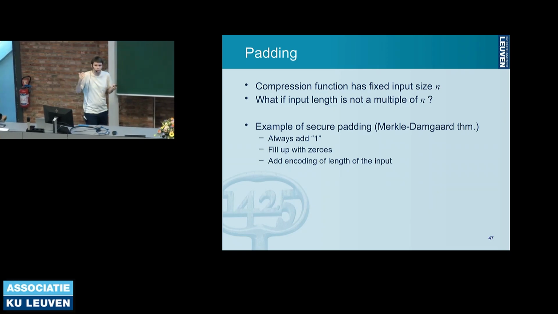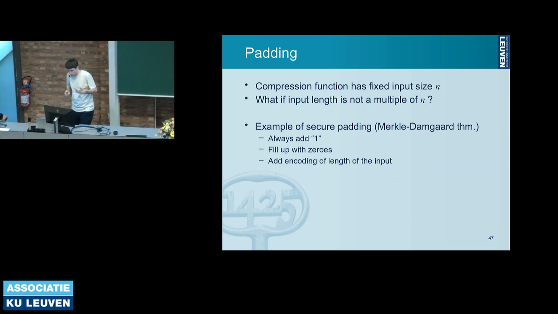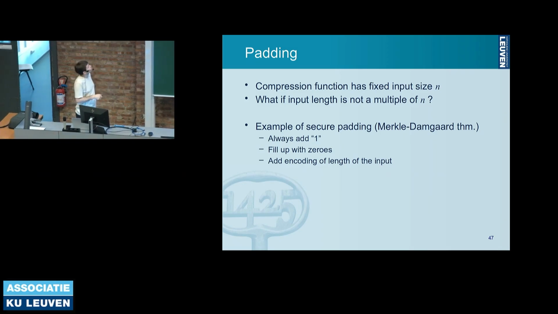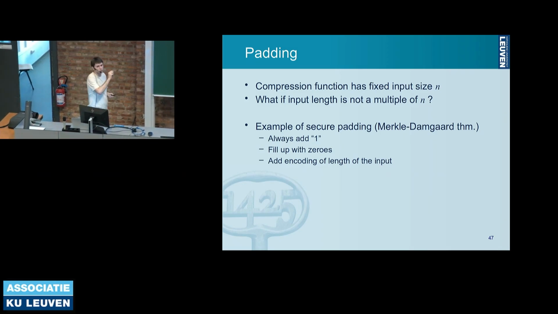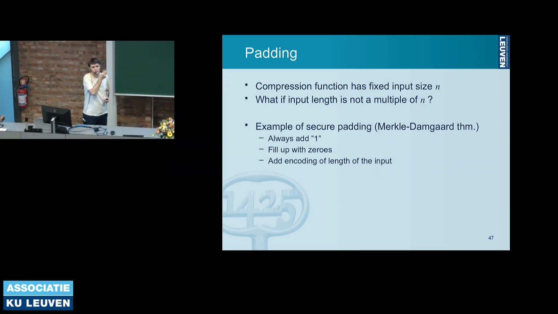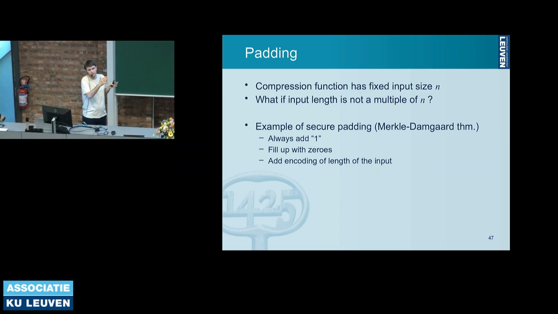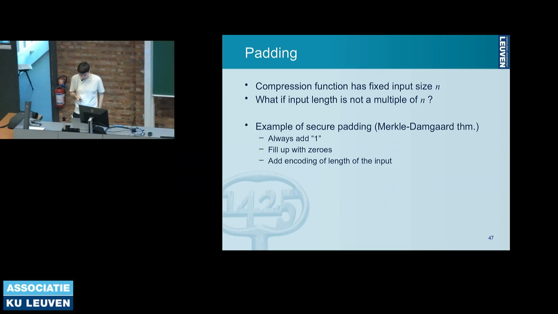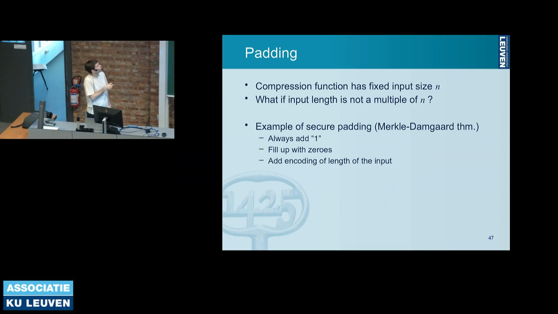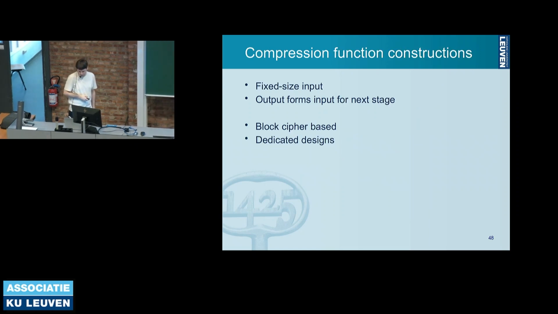That would give you trivial security problems. So you need to think a bit about this, and what Merkle and Damgard showed is that you can use the following padding scheme: you always add a 1, and then you add zeros until the next block length. This turns out to be a secure padding scheme. You also want to add some encoding of the length, again for this length extension.